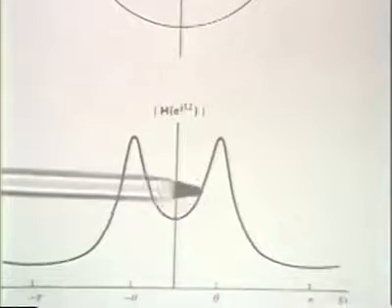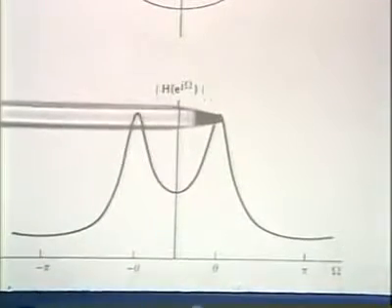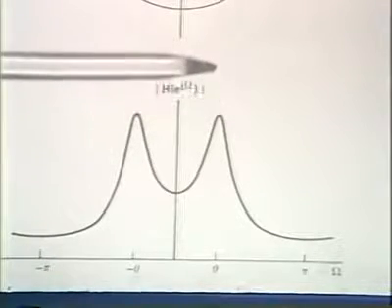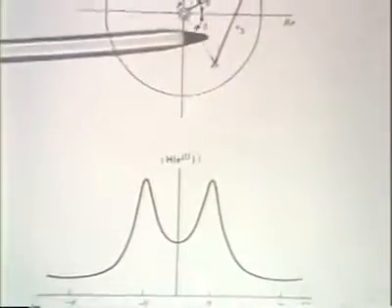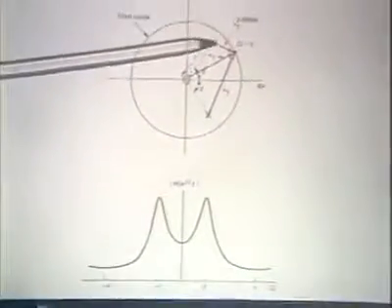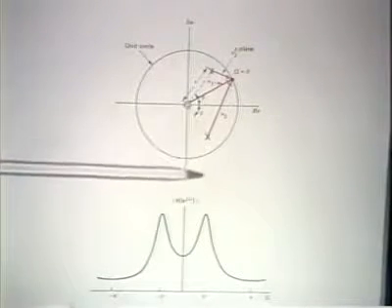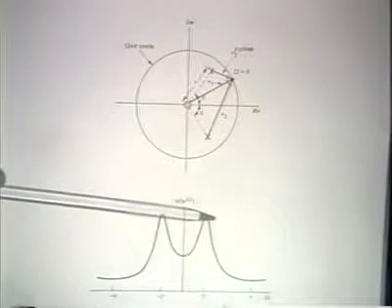And so it would peak. And in fact, where it would peak is in the vicinity of the frequency location of the pole, as I indicate up here. So as we sweep past this pole, then in fact this Fourier transform peaks.